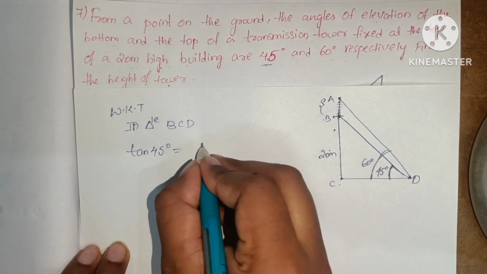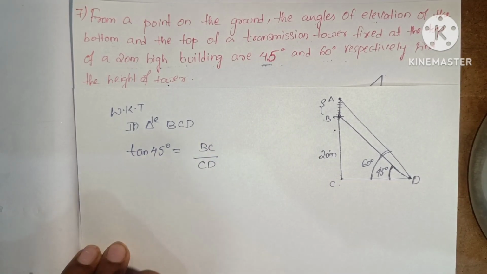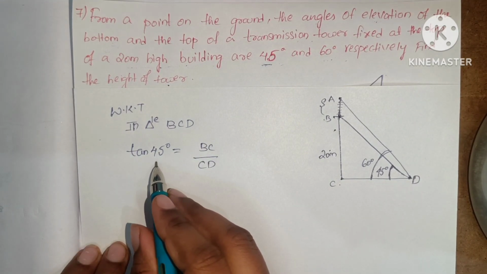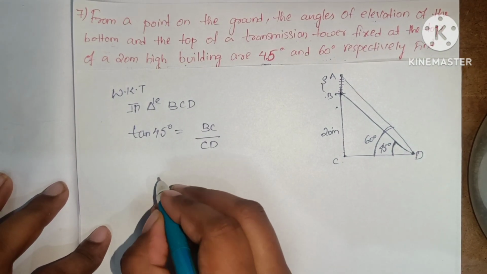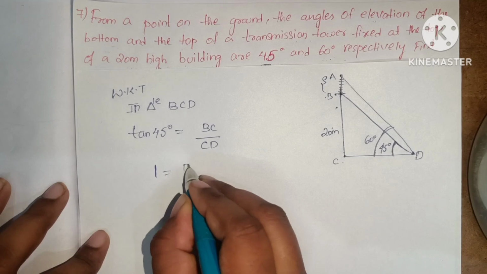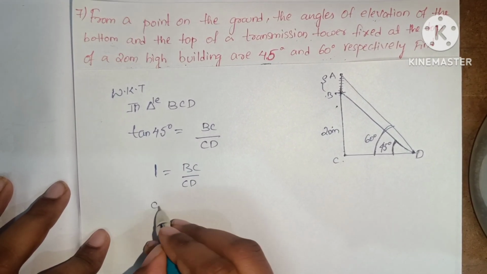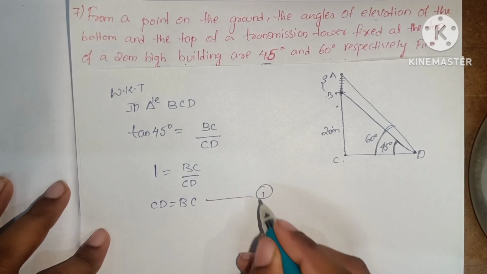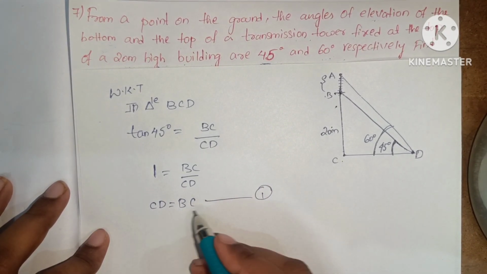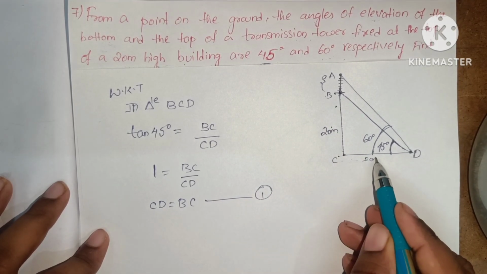So tan 45 equal to BC by CD. See here, tan 45 value, how much? 1 equal to BC by CD. If you transpose CD to this side, CD equal to BC. Keep it as equation 1. By this you understood that the CD value equals the BC value.